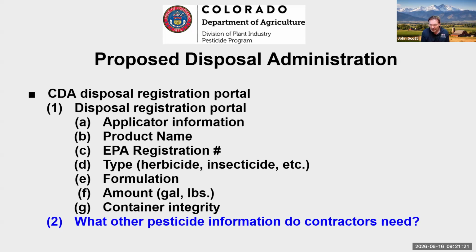Now, some of the information, and this is the first question I get from our contractors, is what other pesticide information do contractors need? At this point, from what I've seen from other states and on their registrations: applicator information, demographic information, product name, EPA registration number, the type of product, whether it's a herbicide, insecticide, or fungicide, the formulation, the amount they estimate they will be bringing in, and then container integrity was another question I saw on some questionnaires from other states.